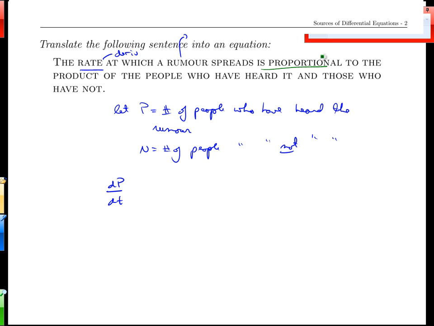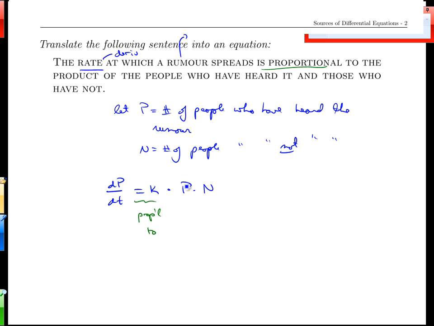Once again, we have our is proportional to, is equal to a constant times. And what else do we have? It's equal simply to the product of the number of people who have heard the rumor and the number of people who have not. And if you're interested, the motivation behind this is, if there's only a few people who haven't heard the rumor, then what happens?